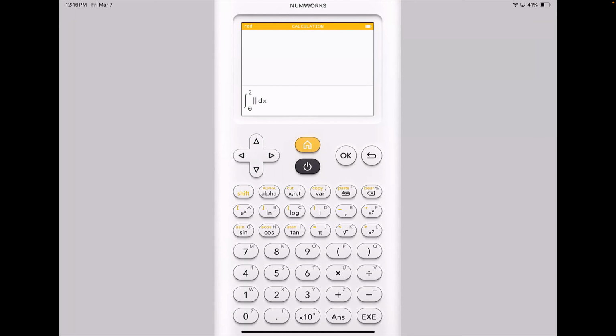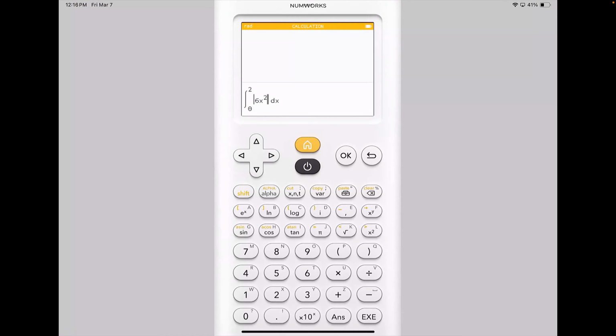I'm not going to be able to use t because this one gives me x. So you're going to go 6. Variables are up here where it says cut, right underneath the power button, right underneath the clear. This one is second power.